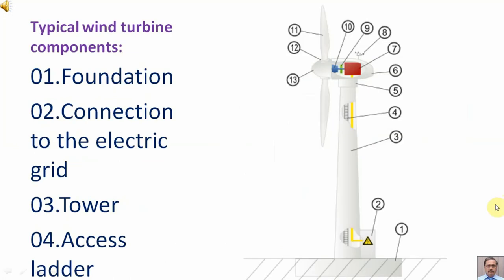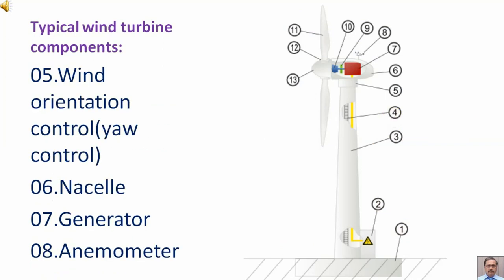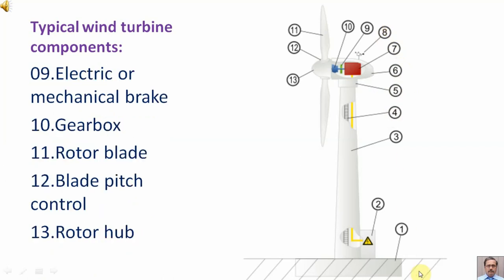Typical wind turbine components: foundation, connection to the electric grid, tower, access ladder, wind or orientation control, yaw control, nacelle, generator, anemometer, electric or mechanical brake, gearbox, rotor blade, blade pitch control, rotor hub.